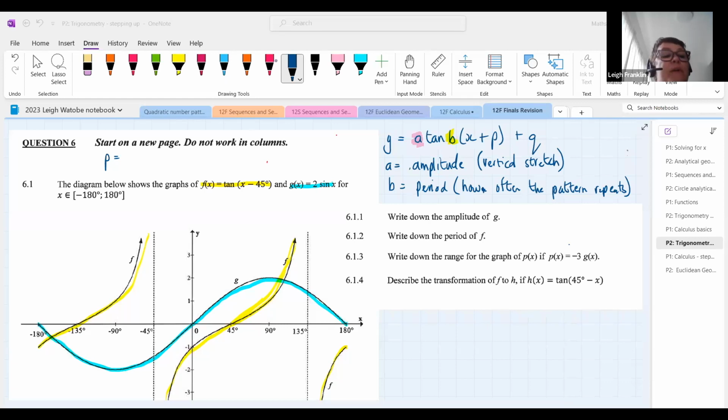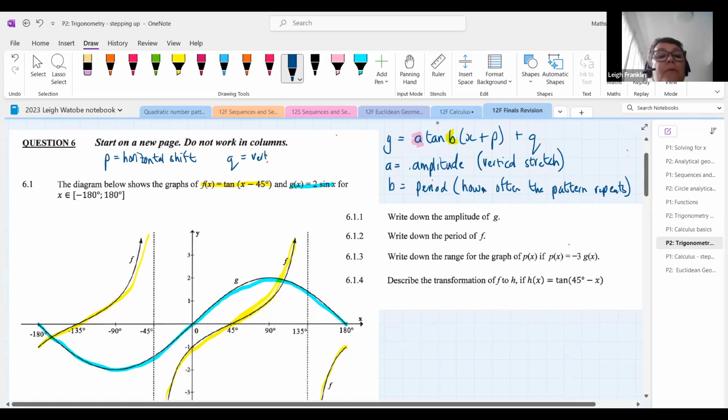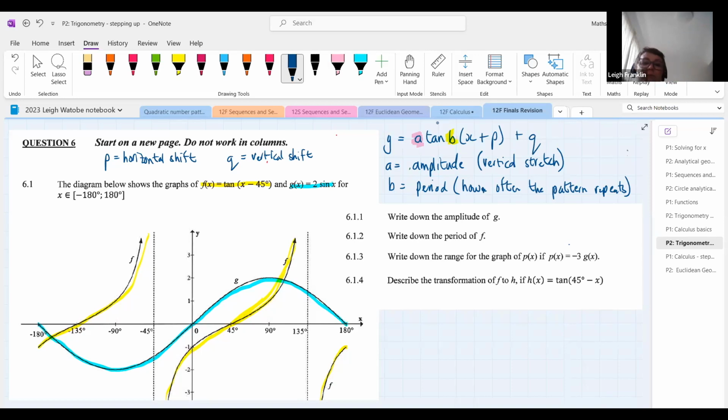Good, well done, everybody. What does the letter P do? Good, well done, Cheslin. That is our horizontal shift. And what does the letter Q represent? That's it, our vertical shift. Well done. So just coming back to period, if I increase b from 1 to 2 to 3 to 4, that will have an effect of squashing the graph horizontally.